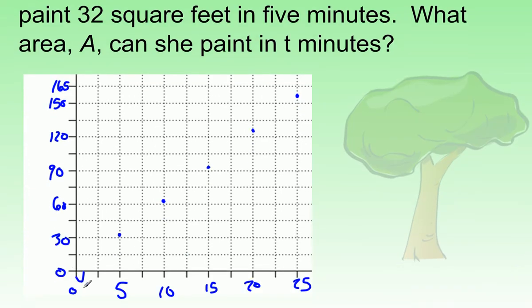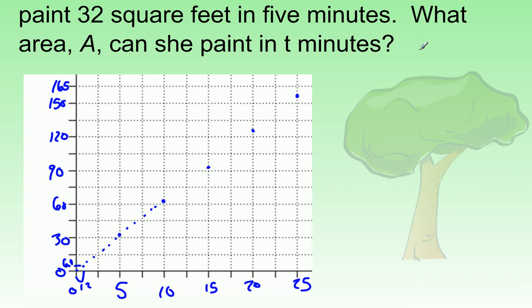So every 1 unit is 6.4 more here. If I go 2 units, it'll be another 6.4 up, and all of those little 6.4s add together to give us this line.